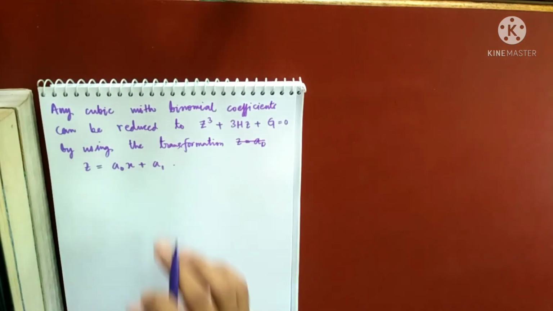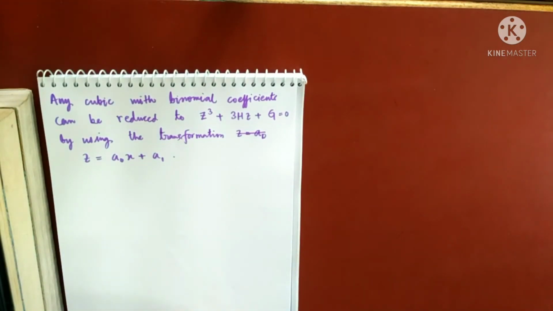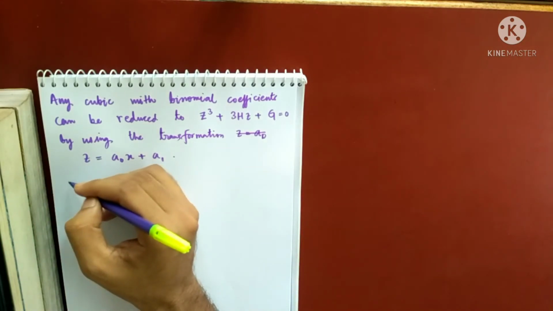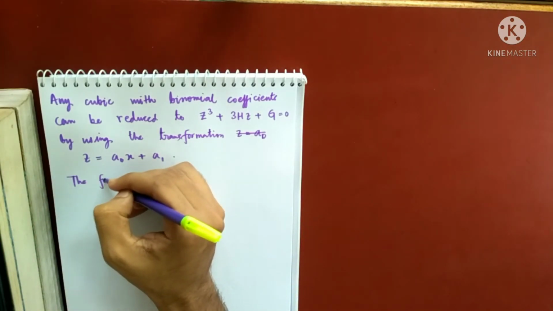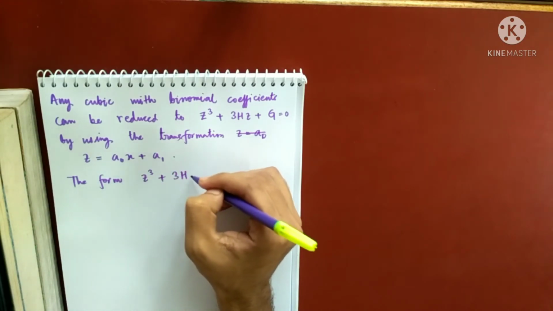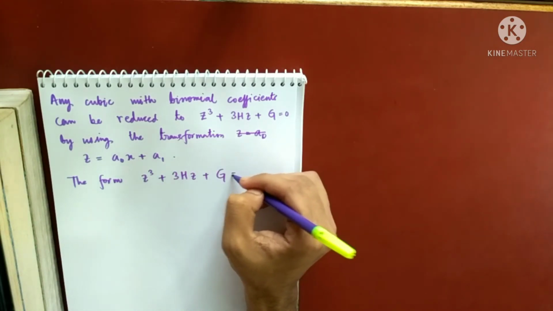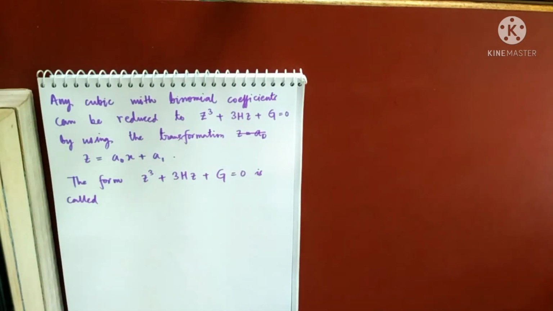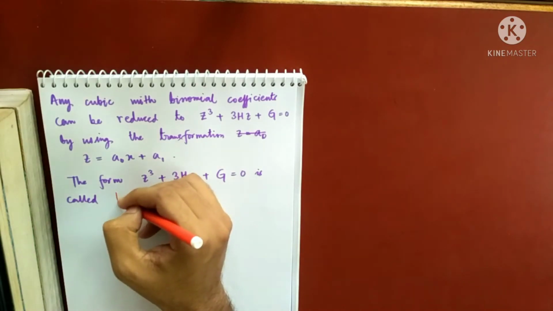You know what a naught and a1 are in the standard form. This form, z cube plus 3hz plus g equals 0, is called the standard form of the cubic equation.